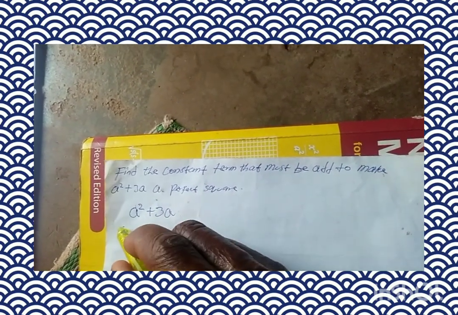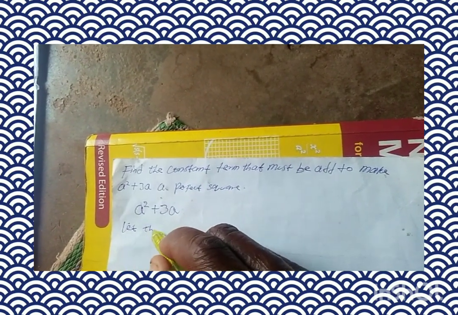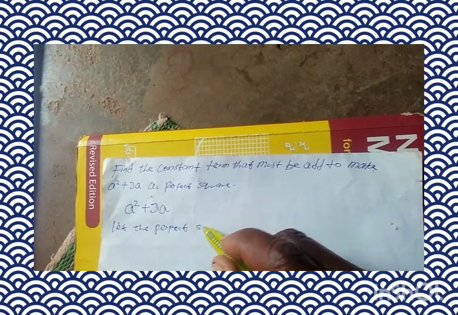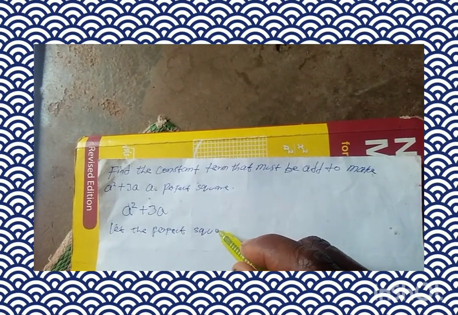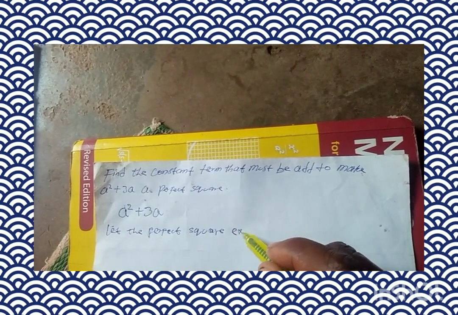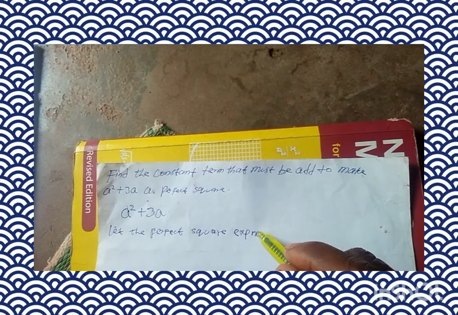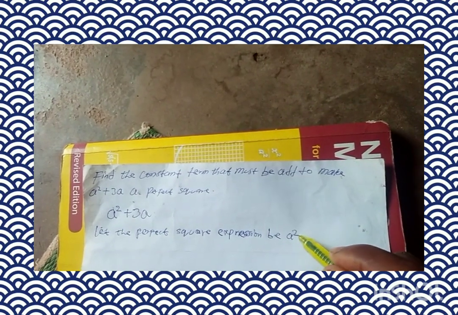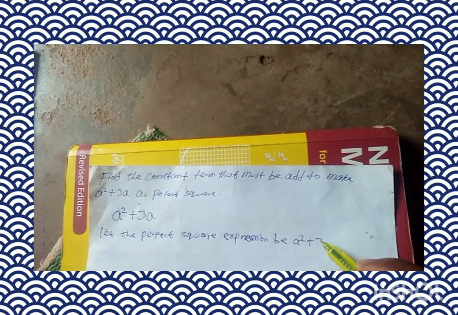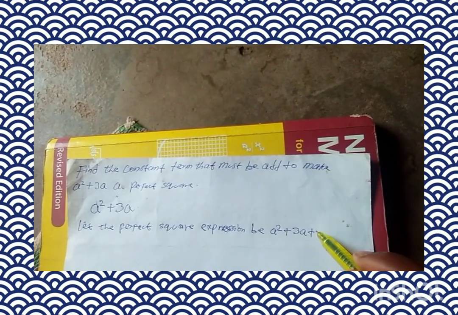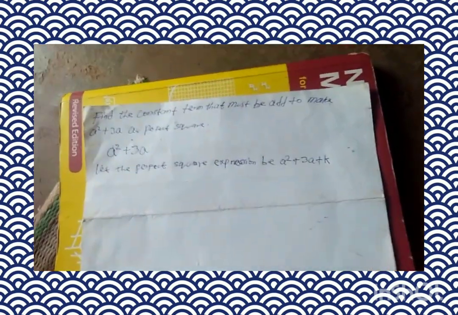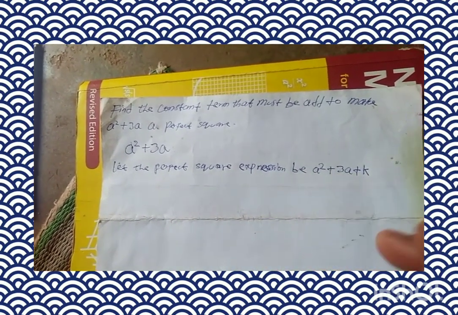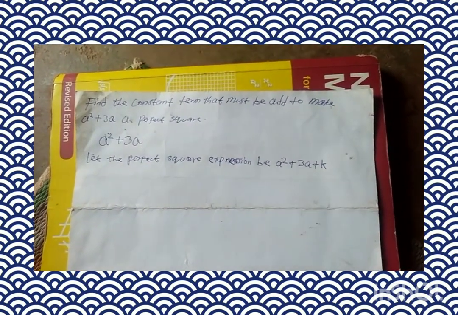So we can write, let the perfect square expression be a squared plus 3a plus k.